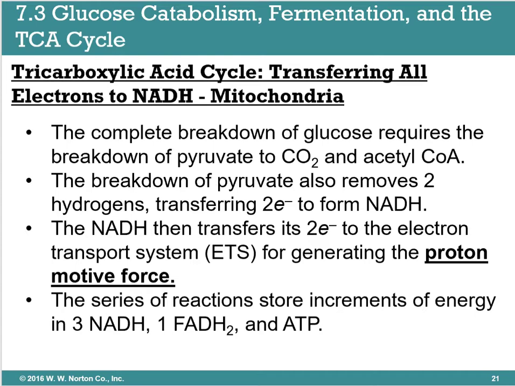I'm going to show you a very simplified version in terms of E. coli in a few slides. But just know that after the series of reactions that occur, what you ultimately yield is NADH and FADH2. FADH2 is important, but I really want you to know the NADH and ATP. In a few slides, I'm going to show you the big picture of the TCA cycle.